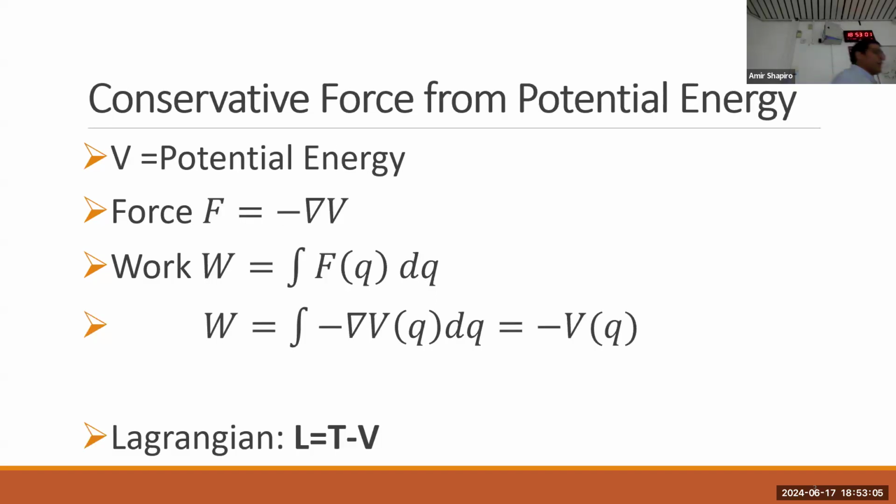Now the work of the external forces is minus V. And therefore we can define the Lagrangian as T plus W, which is T minus V. That's where the Lagrangian came from and why they defined it as T minus V and not T plus V, as we may think.